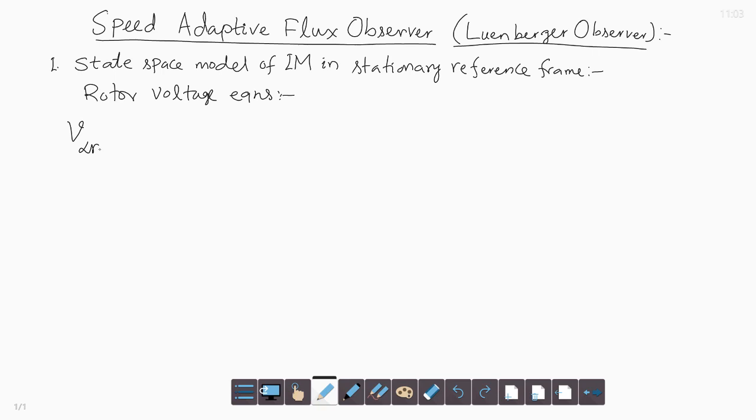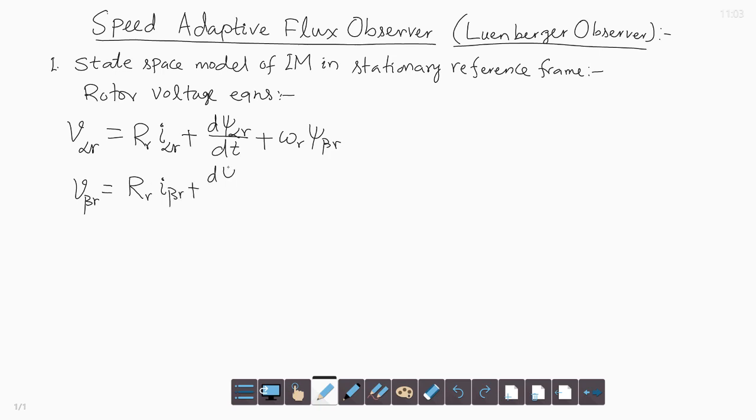V alpha R is given by R into I alpha R, resistance drop, plus induced EMF d psi alpha R by dt, and rotational EMF is plus omega R into psi beta R. And similarly for the beta R winding, V beta R is R into I beta R plus transformer EMF d psi beta R by dt, then rotational EMF is minus omega R into psi alpha R.